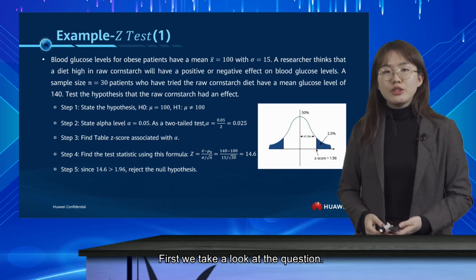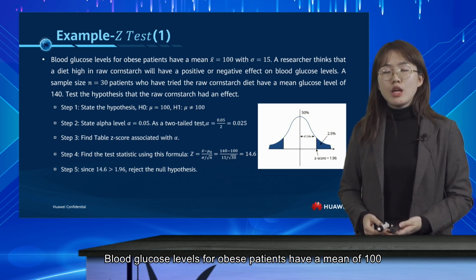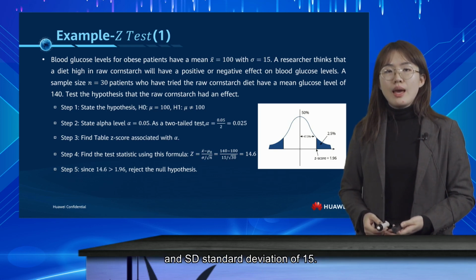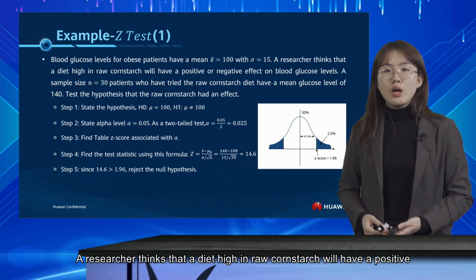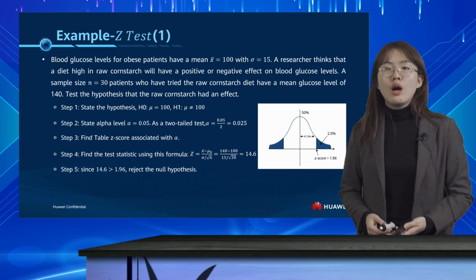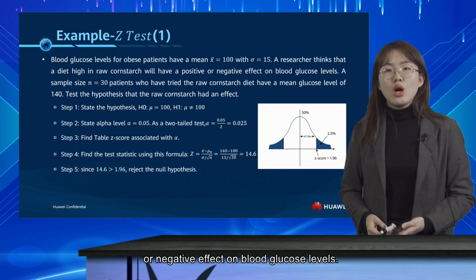First, we take a look at the question. Blood glucose levels for obese patients have a mean of 100 and a standard deviation SD of 15. A researcher thinks that a diet high in raw cornstarch will have a positive or negative effect on blood glucose levels.